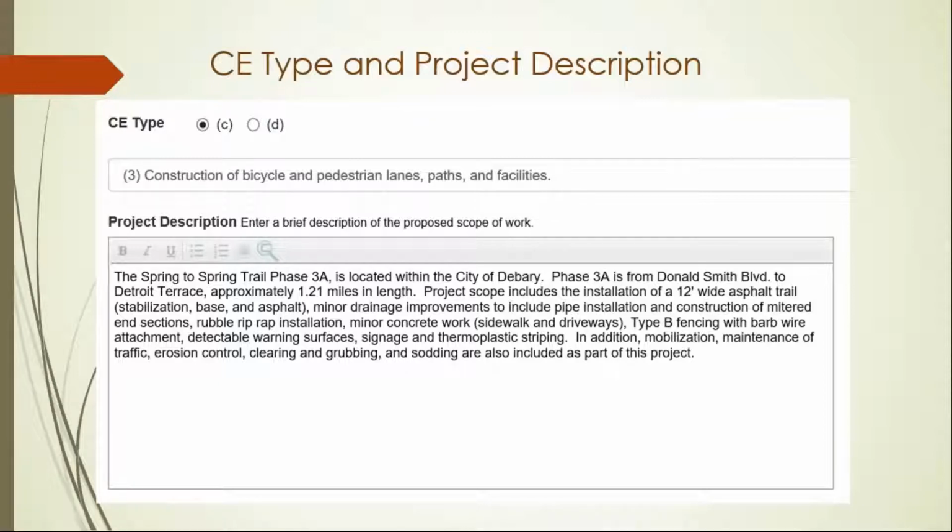The project description must be written to allow a person without prior knowledge of the project to clearly understand what the project is. The project description must include the following information: a brief description of the existing facility, the limits of the proposed project, such as the length and logical termini, which is the beginning and the end of the project, the names of the city and the county where the project is located, a brief description of the proposed improvements, a brief description of the pedestrian and bicycle accommodation, navigational needs, if any, and a project location map illustrating project limits.